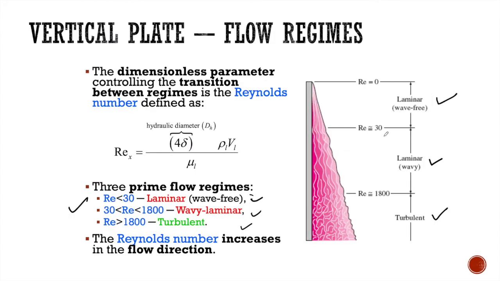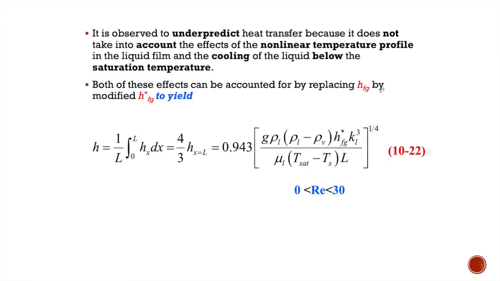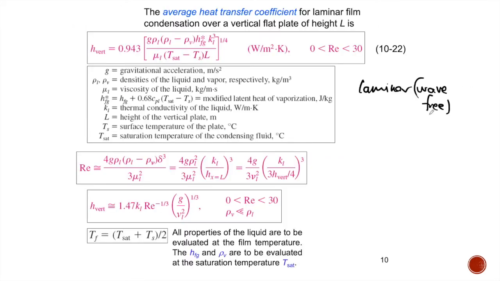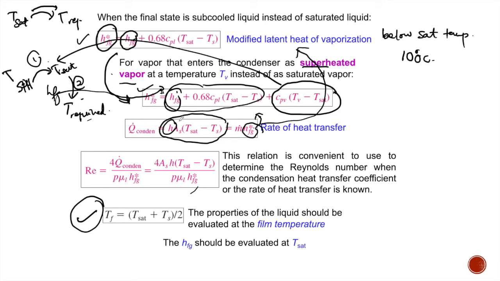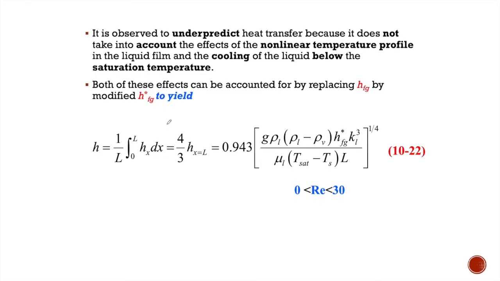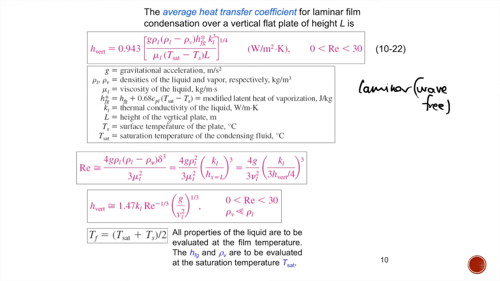So the equation that will be used in this region is this one. If you are required to find the laminar wave-free h, as I mentioned before, our main objective here is to find what is h. So we have to determine whether the region is laminar wave-free, laminar wavy flow, or turbulent.